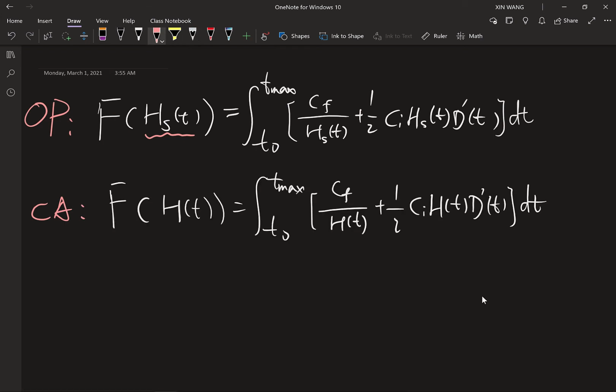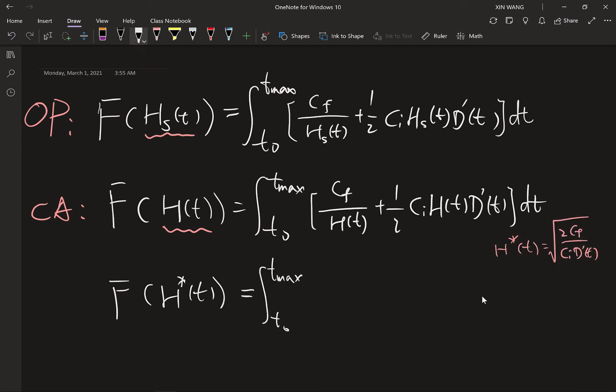Our decision is changed. When we solve for the optimum solution, remember our solution is this, so we plug it in. After some simple derivation, we can get this expression. If we can solve the optimum solution for a general problem, we can denote this to be our true optimum total cost. Our CA solution gives us a very good estimation because the integrand is relatively easy to calculate.